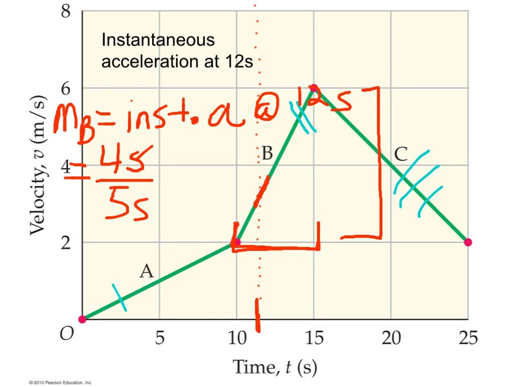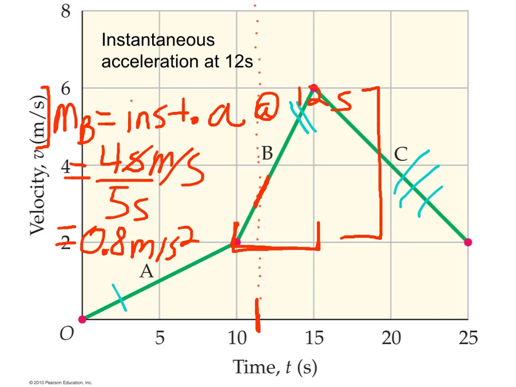That 4 has the wrong units, so that was 4 meters per second because my y-axis is in meters per second. Okay, so now I divide and I get 0.8 meters per second squared. Notice all I did was find a slope for one part of the graph. That's the instantaneous acceleration on a velocity time graph.